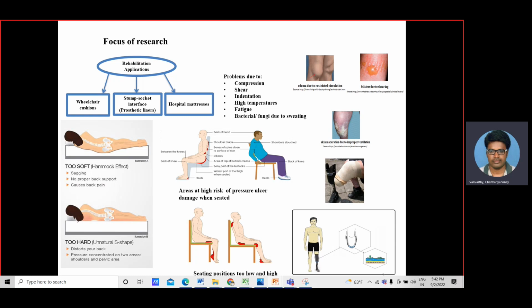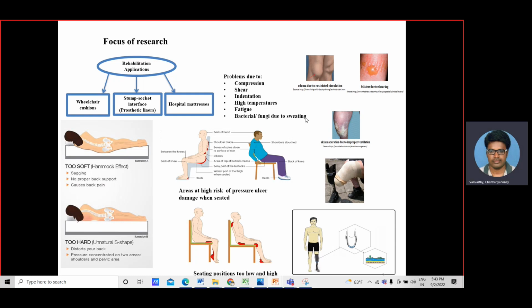Because of this, biological skin breakdown is happening due to mechanical properties.